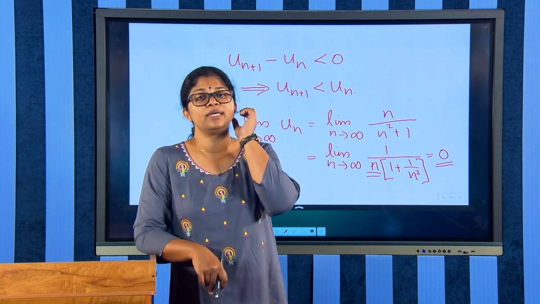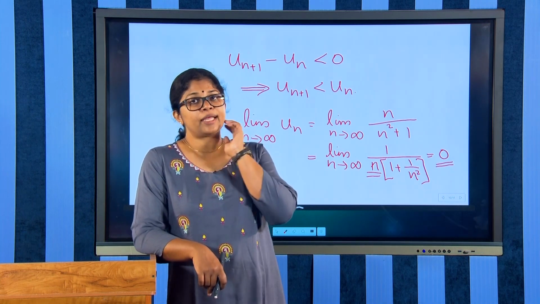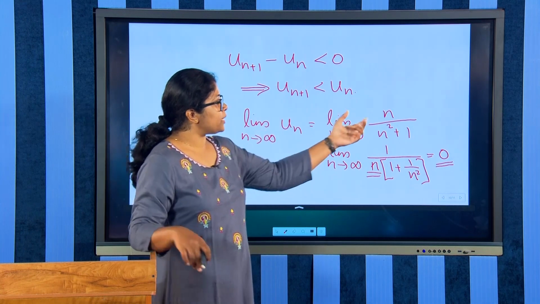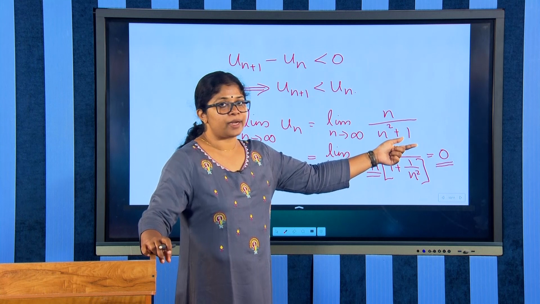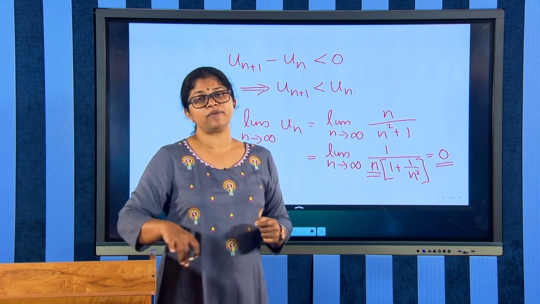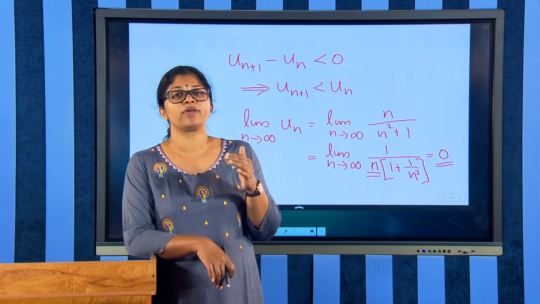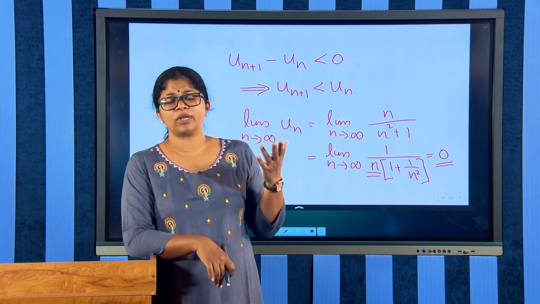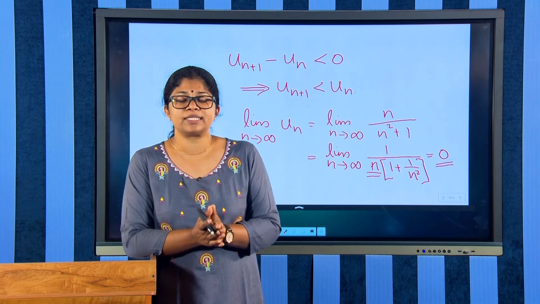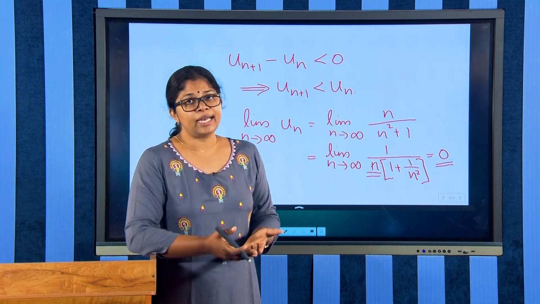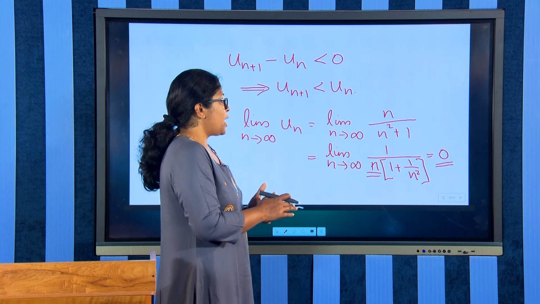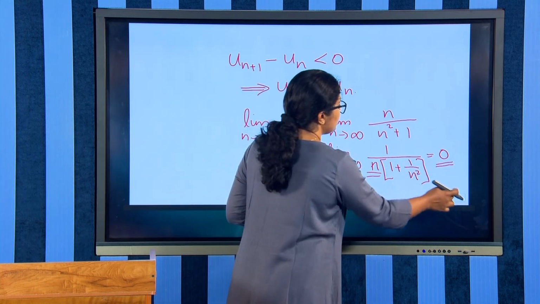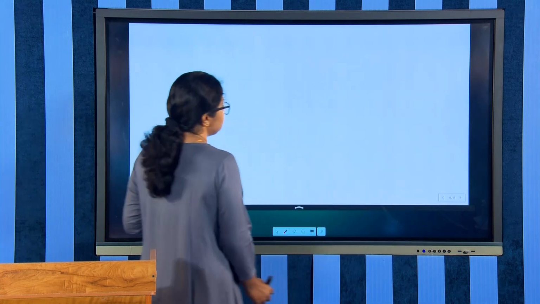We can use the derivative of a function, by taking f of x to be something like x by x square plus 1, and by taking the derivative and showing that the derivative f prime of x is less than 0, which is the condition for a decreasing function. So that can also be done.